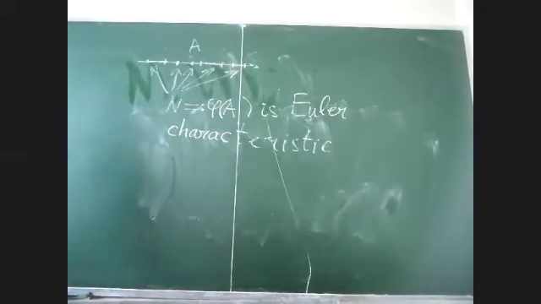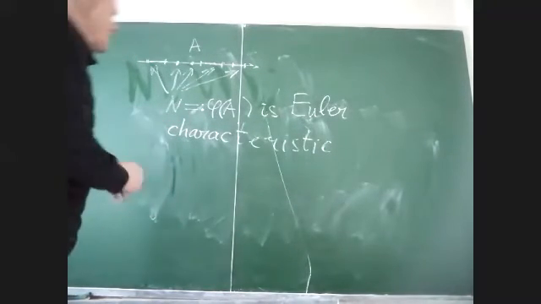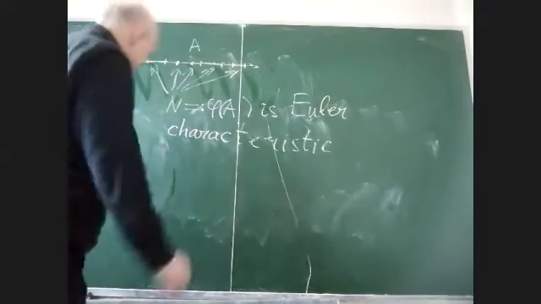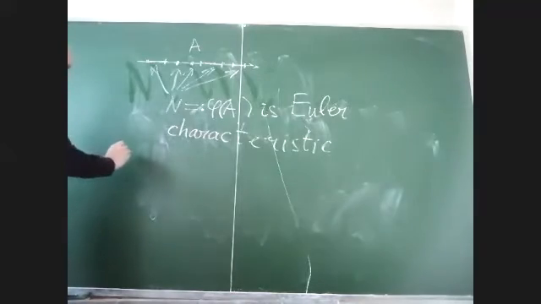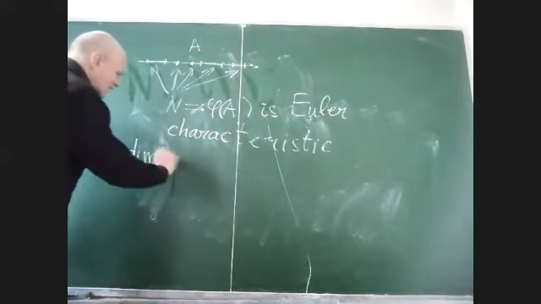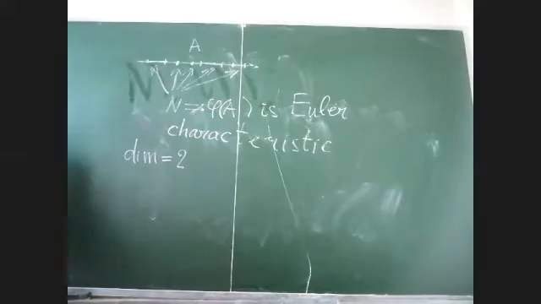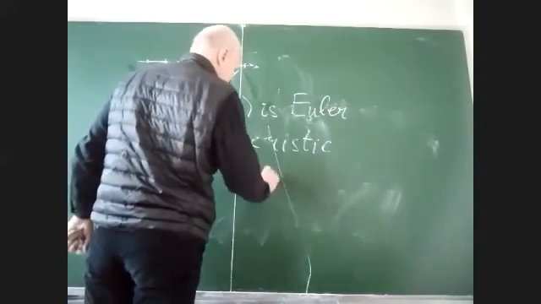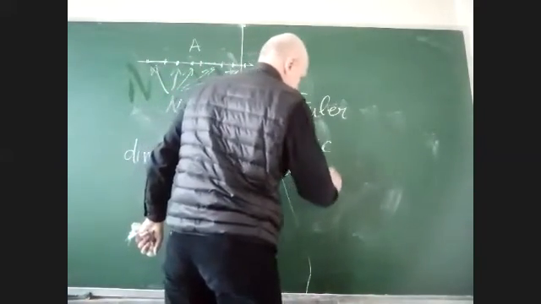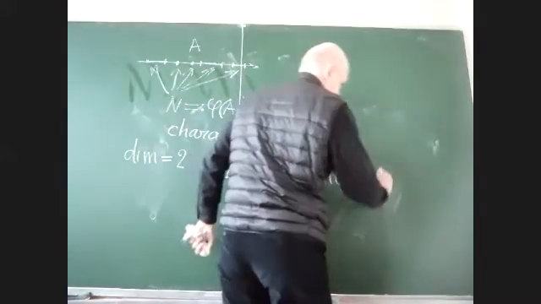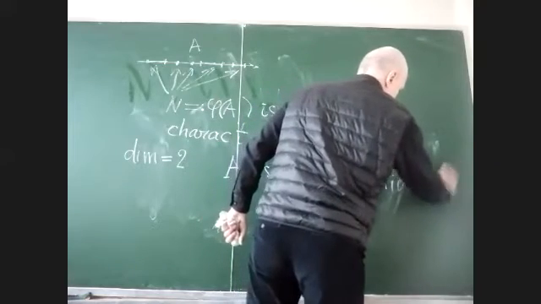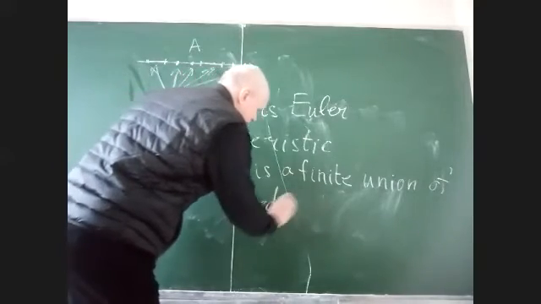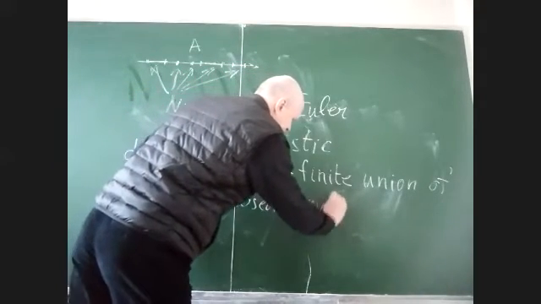But what can we do in the general case? In the general case, we will proceed as follows. Now let's take dimension equal to 2. And I will suppose that the set A is a finite union of closed convex sets.